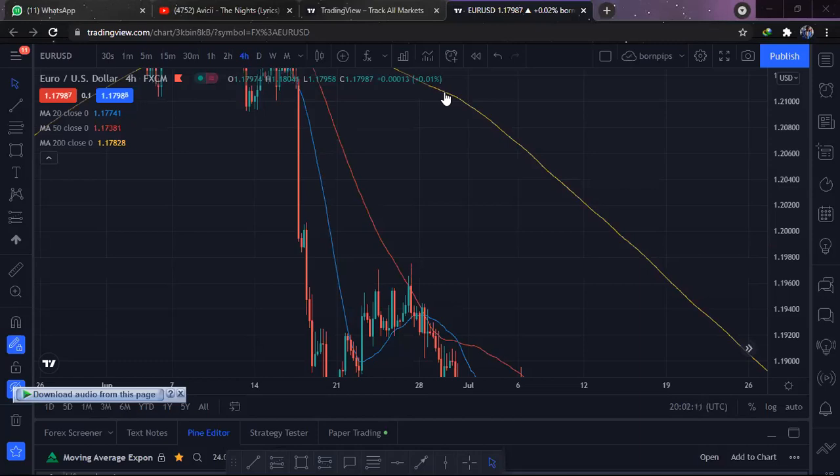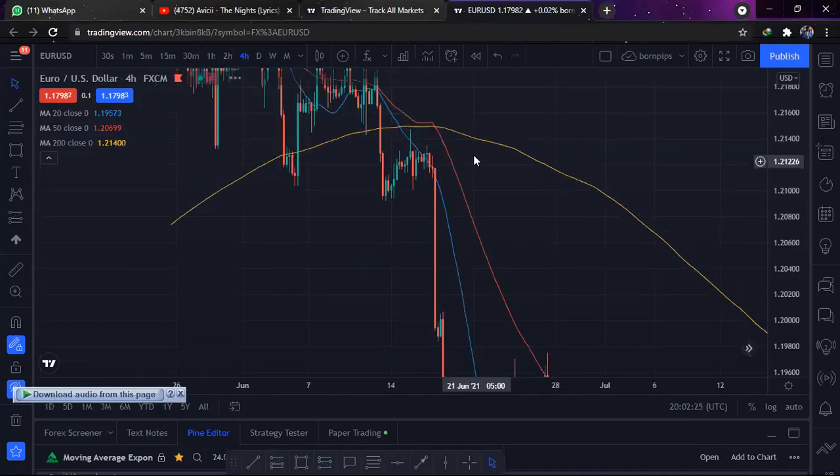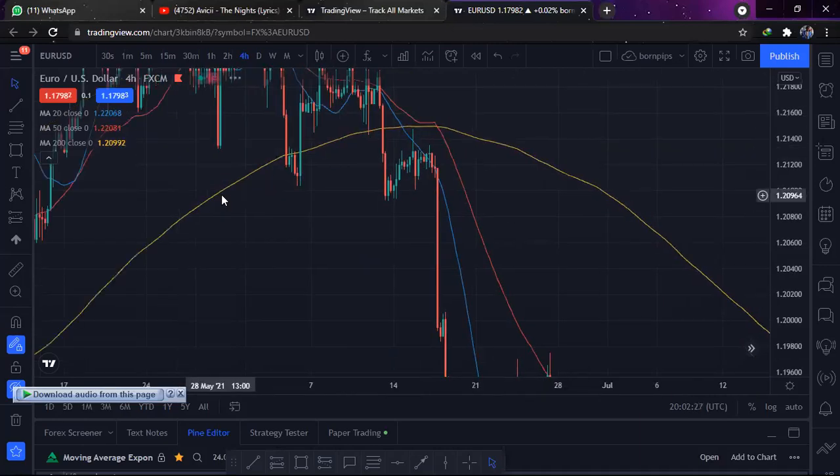Like I was asking, how will you know when the trades are about to form? The 20, 50, and 200. Okay, let me use this here as an example.